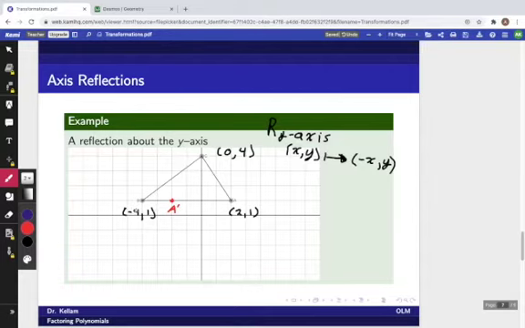If I do that here, this is going to be 4, 1. That is going to be my B prime. Now let's talk about what happens with C. 0, when I take its negative, nothing changes. So C and C prime are the same point. This can happen, just be aware of it. And when we connect our shape, we can see that it's the same shape, but it is reflected.